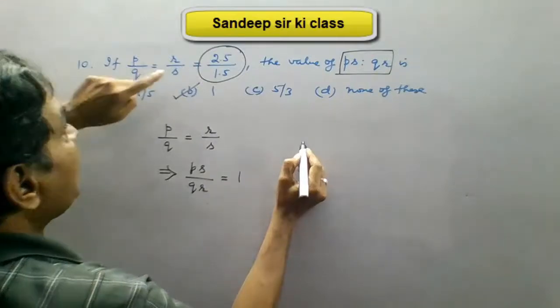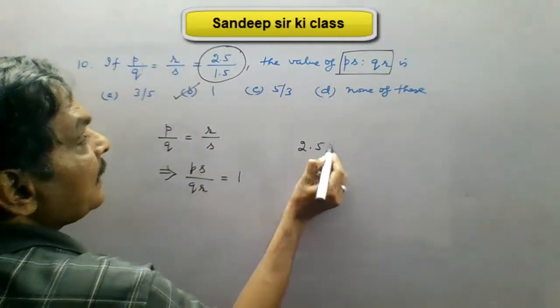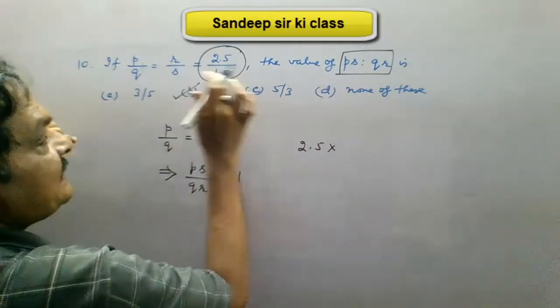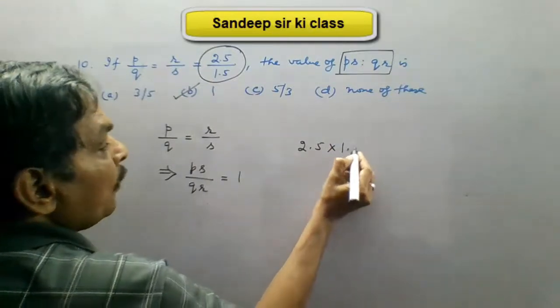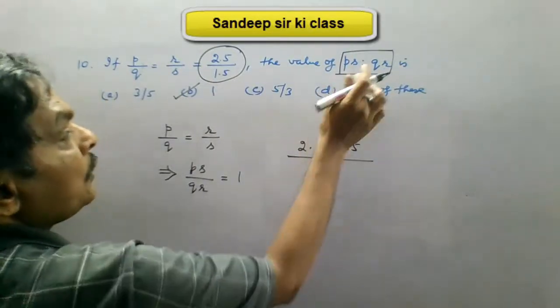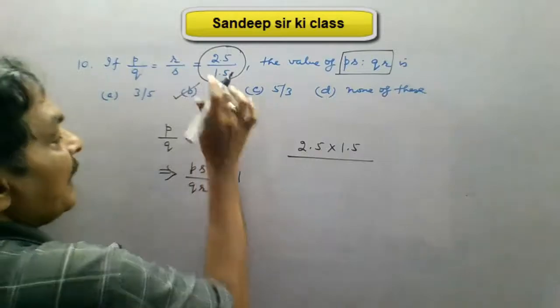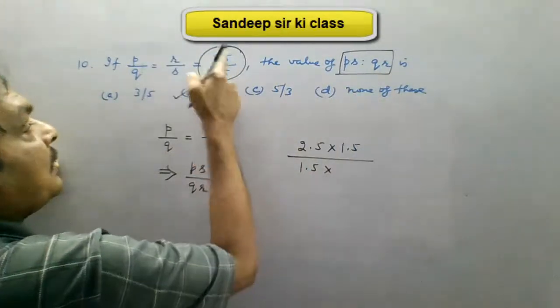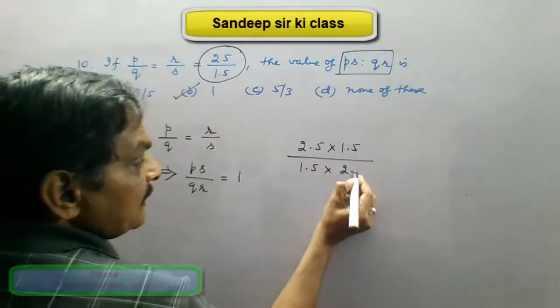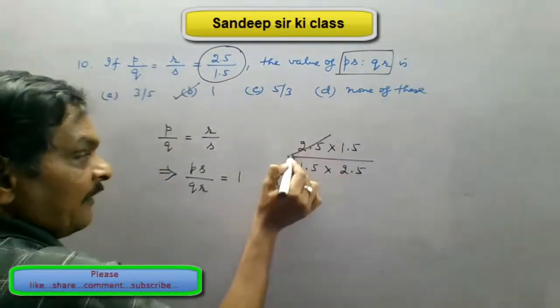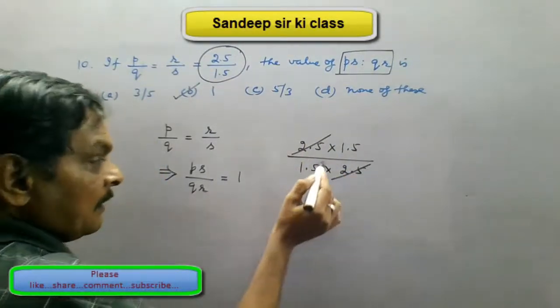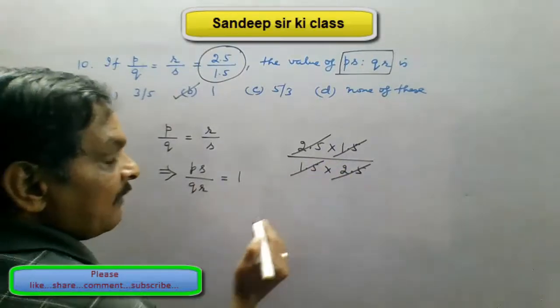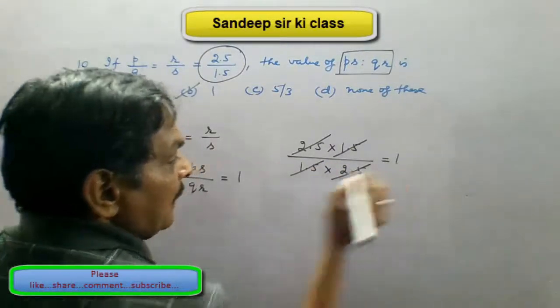So P I am writing 2.5 into S I am writing 1.5 upon Q I am writing 1.5 and R I am writing 2.5. This will be the ratio. So 2.5 and 2.5 are cancelled, 1.5 and 1.5 are cancelled. This gives me 1.